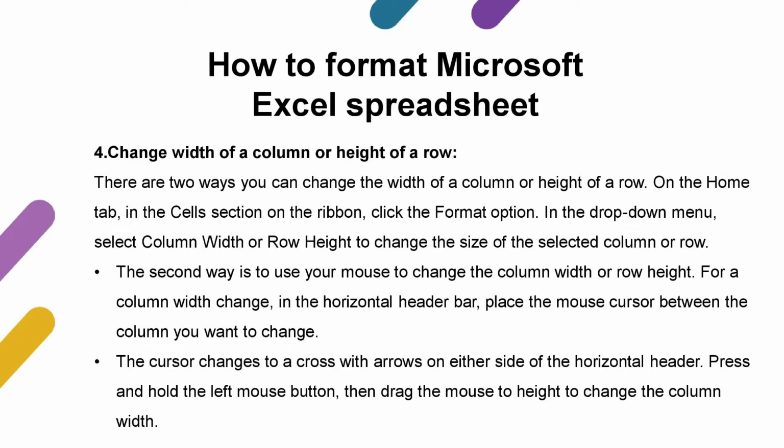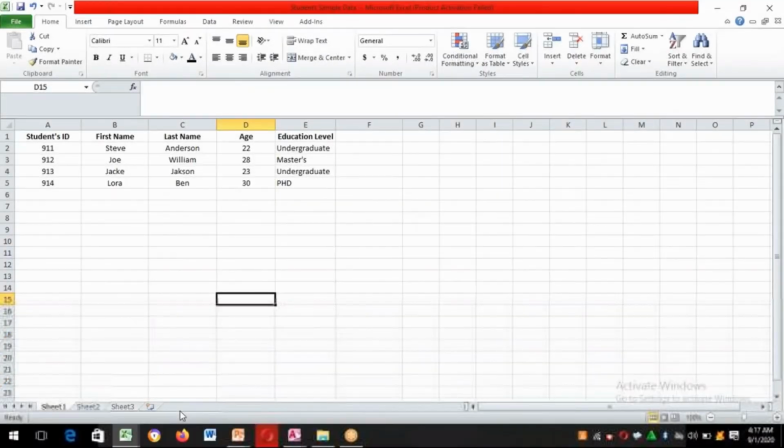So let me show you some of the steps. Here is a sample Microsoft Excel spreadsheet. There we have the student's ID, their first name, their last name, their age, and their education level for the time being.